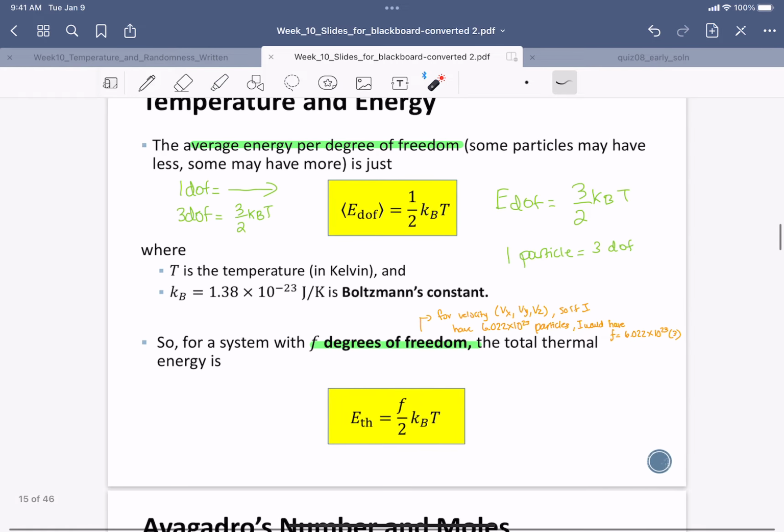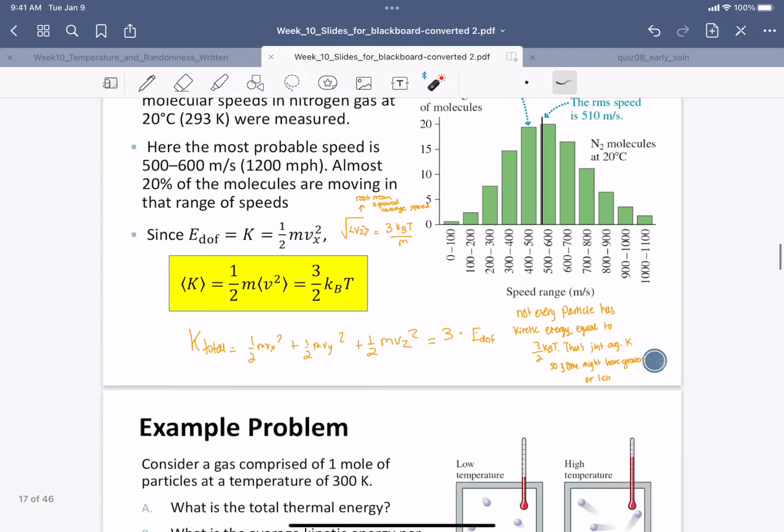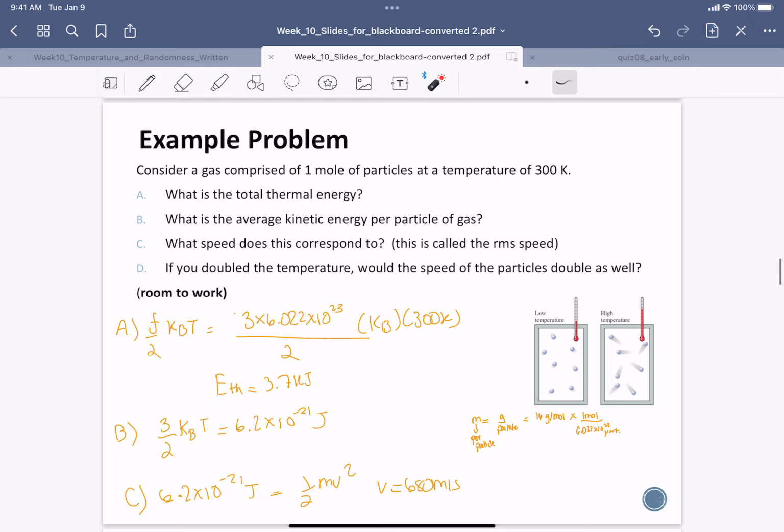So the distinction here is per degree of freedom versus per particle. I know that a particle has 3 degrees of freedom, and I know that the average kinetic energy per degree of freedom is 1/2 kBT.